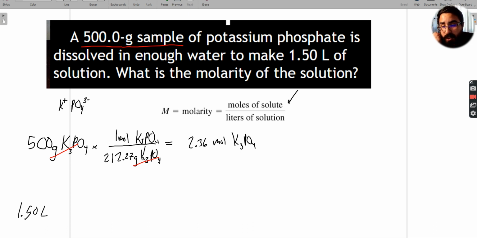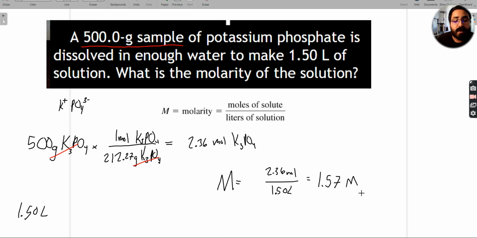Now we have the moles of solute and the liters of solution. So big M is equal to 2.36 moles divided by 1.50 liters. 2.36 divided by 1.50 gives us 1.57 molar, a 1.57 molar solution of K3PO4.